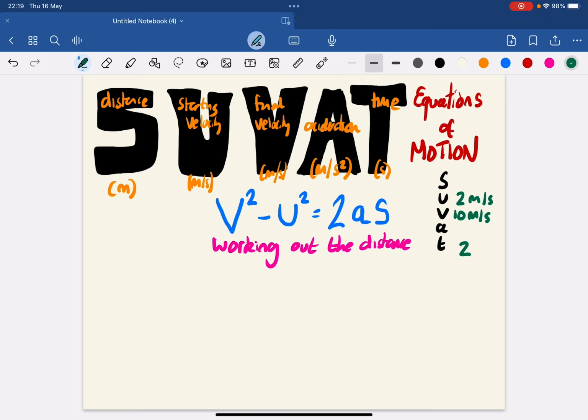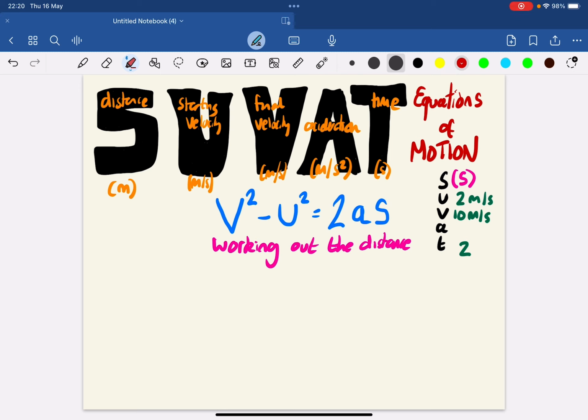But what we want to do here is work out S. Now, the Suvat equation is V squared take away U squared equals 2 times acceleration times the distance. So we have to put in the numbers of what we know.